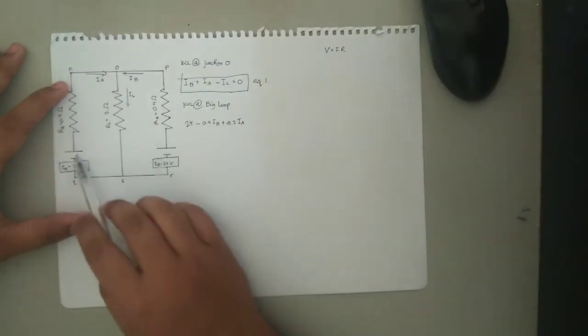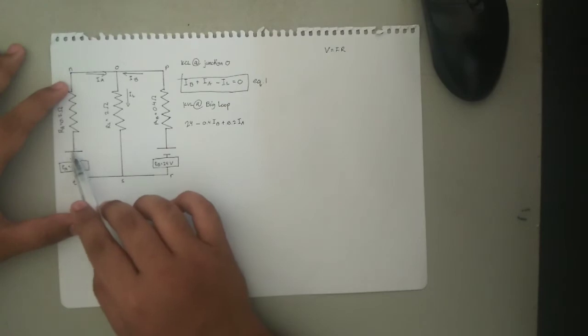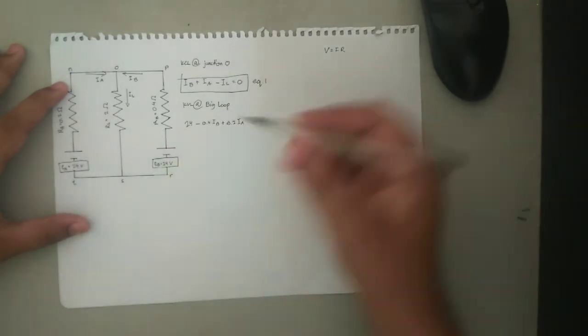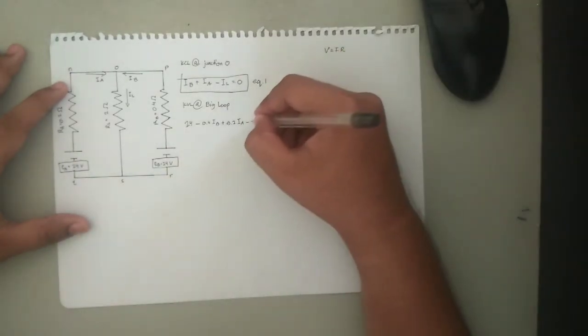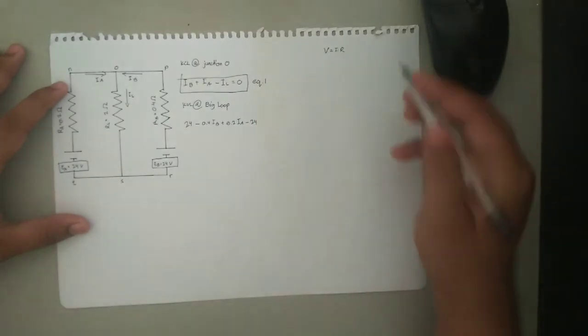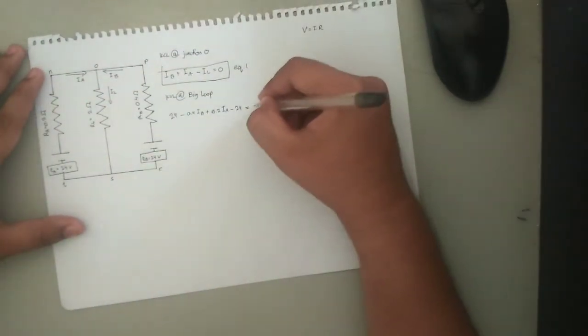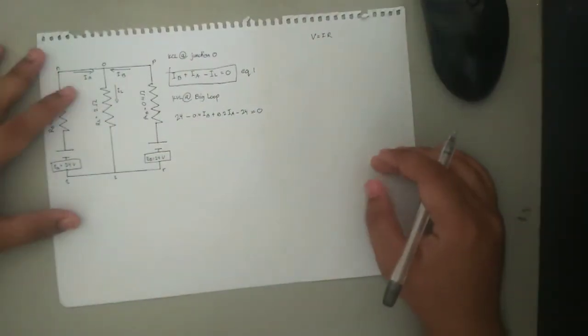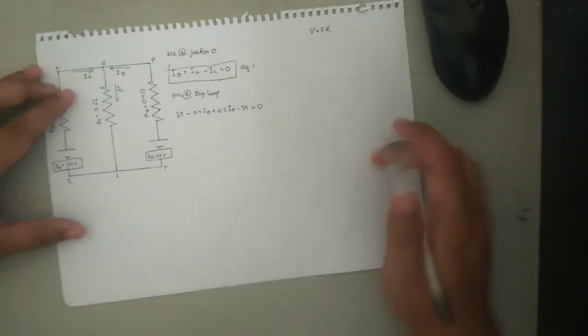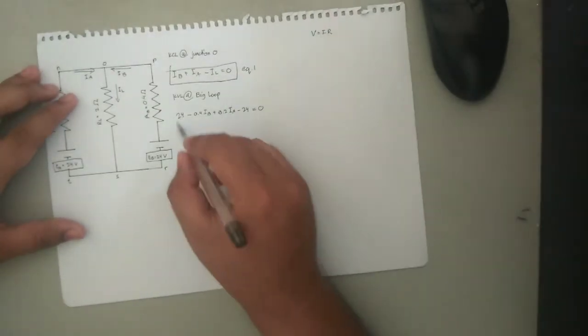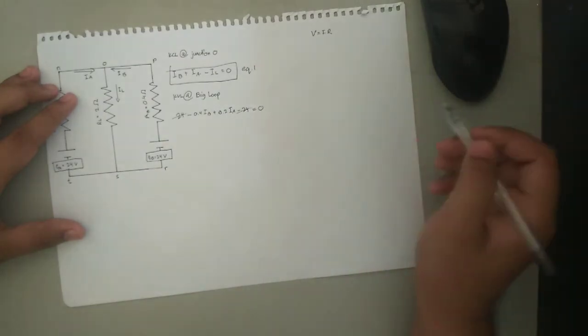And then it goes here, into the positive side and out of the negative side, so that's going to be negative 24. And the algebraic sum of all of this is equal to 0. So we're going to simplify. Negative 24 and 24 cancel out.